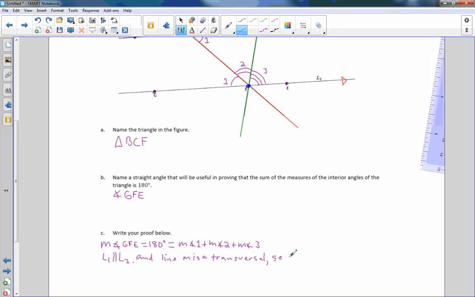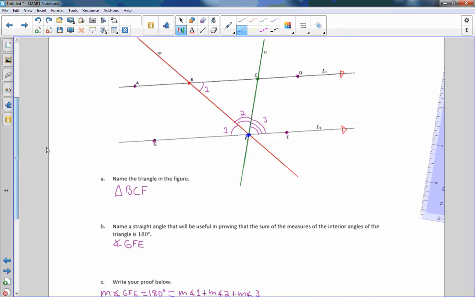So alternate interior angles are congruent. Okay, so let me recap that.